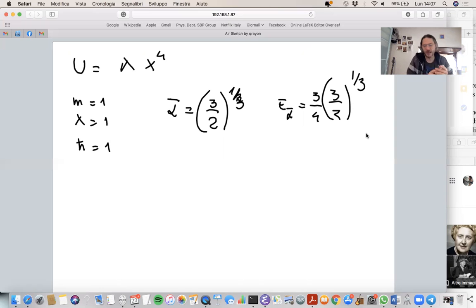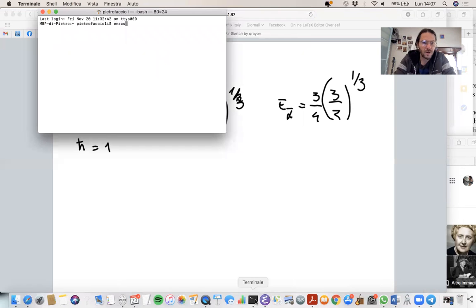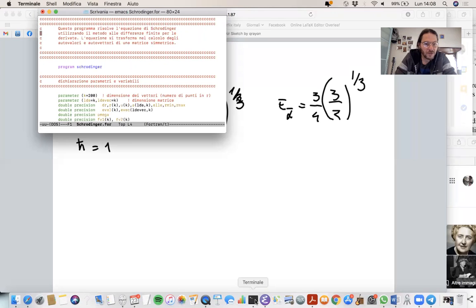Now, the challenge is, can we compare this variational solution with a solution that we can get from numerical diagonalization? So to do that, we open our code for solving the Schrödinger equation. We go down here.